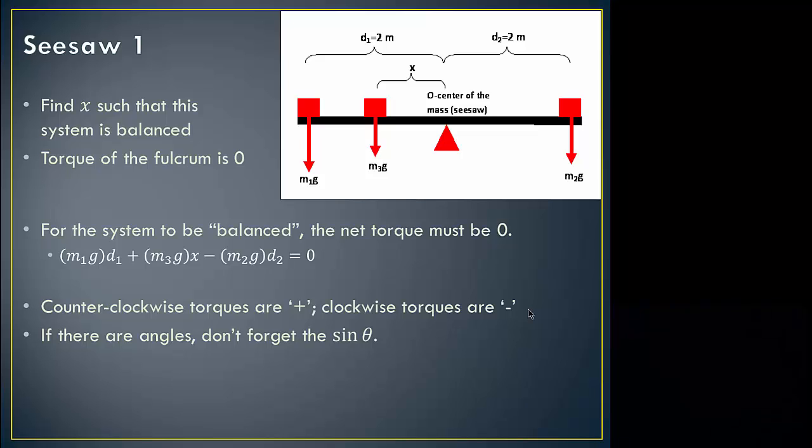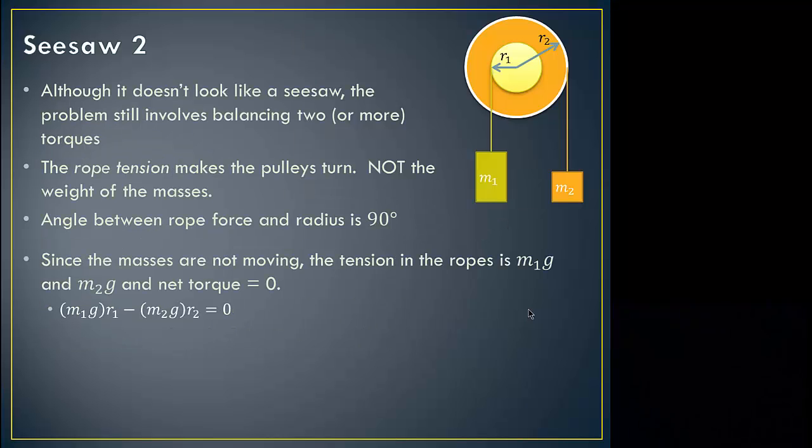The m2 term is a minus because that force would have made the seesaw rotate in the clockwise direction. You could also state this as clockwise torques equals counterclockwise torques. If there are angles involved, don't forget that you're going to need to apply a sine theta to these equations.